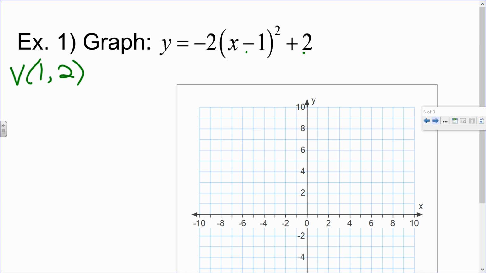Okay, everybody point. Does it open up or does it open down? It opens down. Abby, how do you know? Okay, because we have this negative out in front, it opens down. What will my axis need to be? Ryan?